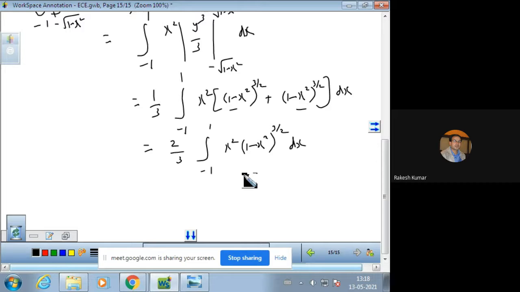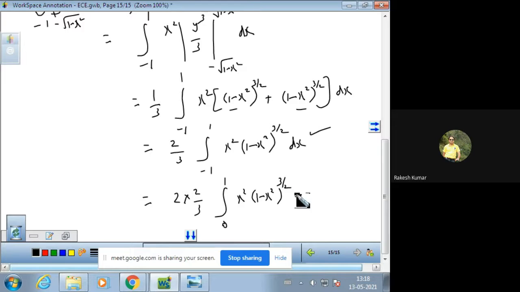Now this is the integral we have. Now we can use the formula, and that becomes 2 times, and the limits will be 0 to 1. We are using the even function property of integration.